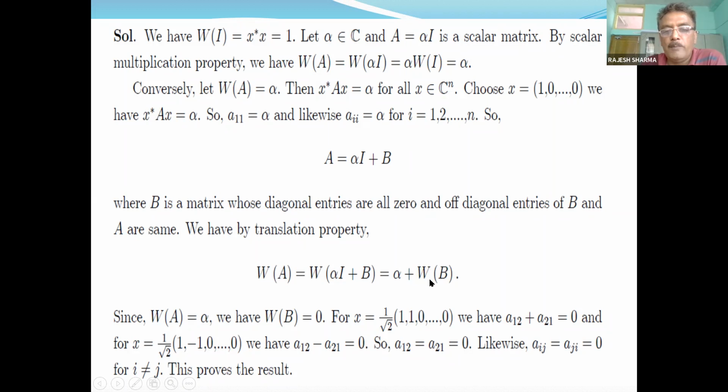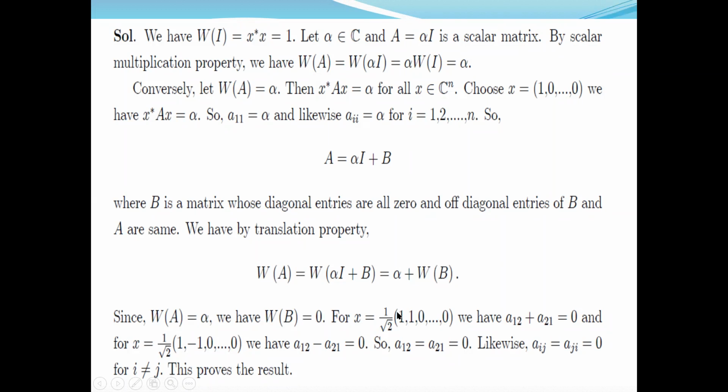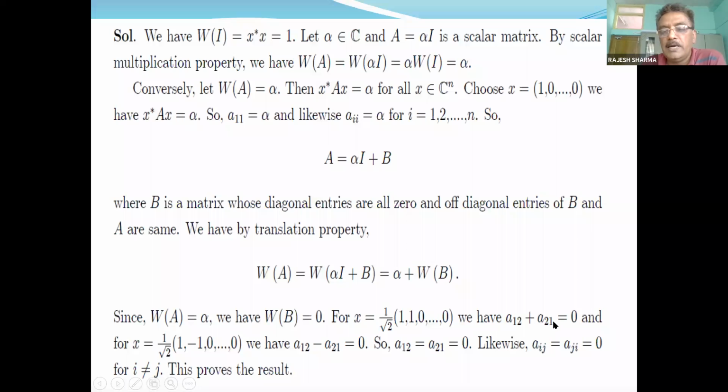We have to show that if the numerical range of B is 0, then B is 0. Now take x as this unit vector, 1 by root 2, 1, 1, 0, 0. From this we get this expression: A12 plus A21 is 0. And from x is equal to 1 by root 2, 1, minus 1, 0, 0, we get A12 minus A21 is 0.